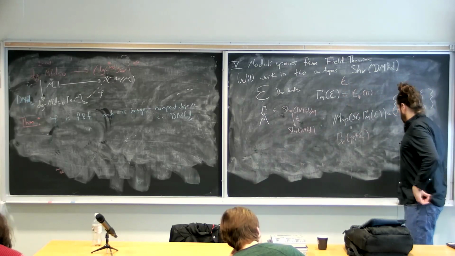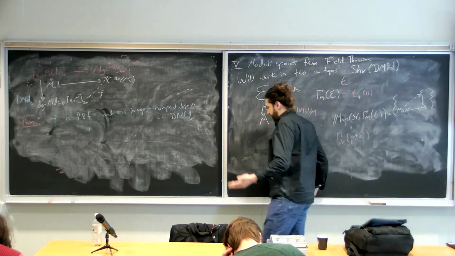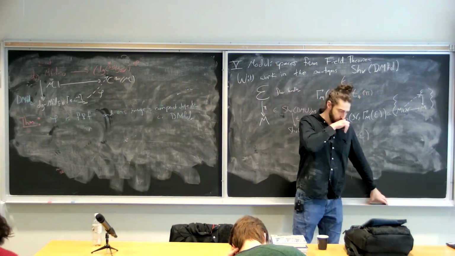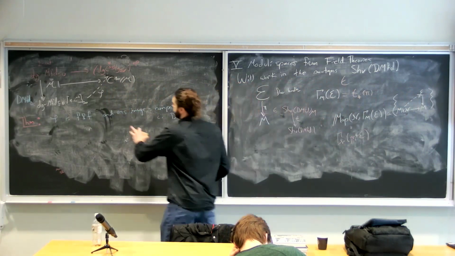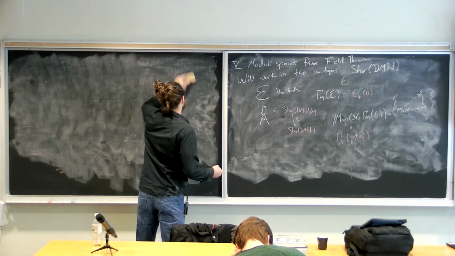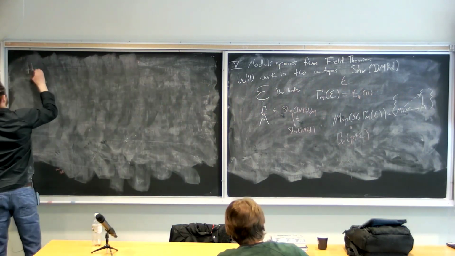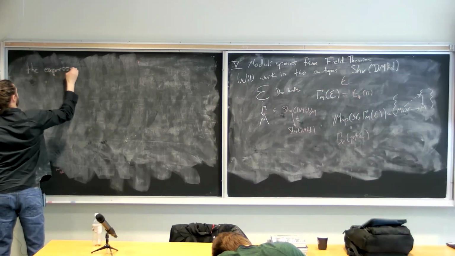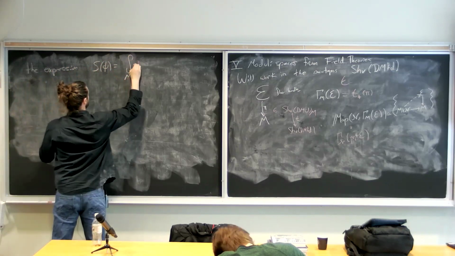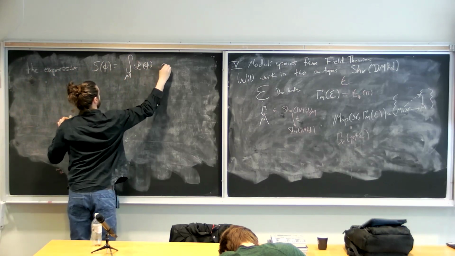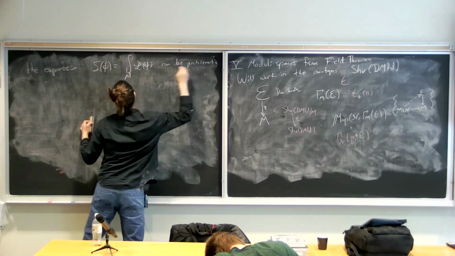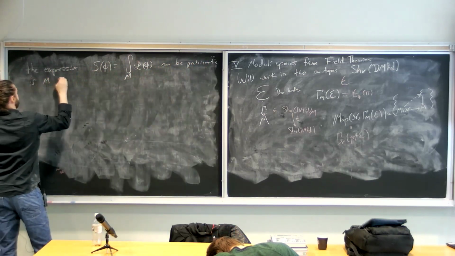Now, the main thing we have to make sense of, though, is what are we doing with this critical locus? What does that even mean? What are we intersecting? So here's an issue: if you look at this expression, S of phi being this integral over M of L of phi, this can be problematic if M is non-compact.